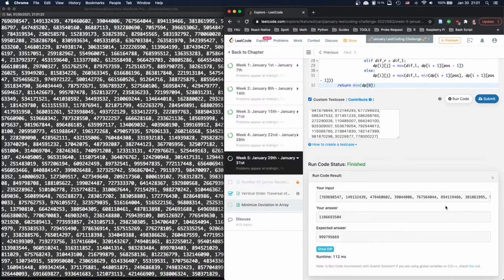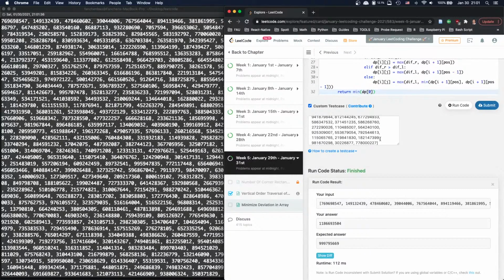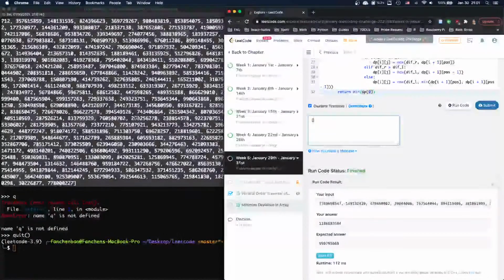Ooh, that's not correct. Huh. Alright, let's see. It seems like we have an issue. That's fine. Let's just generate a random number.